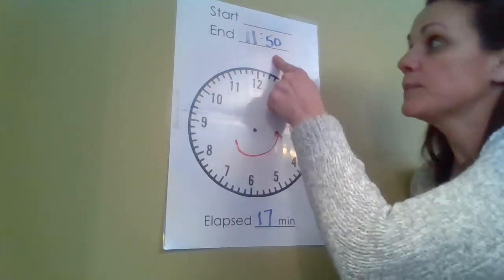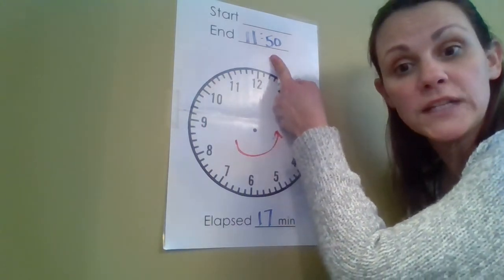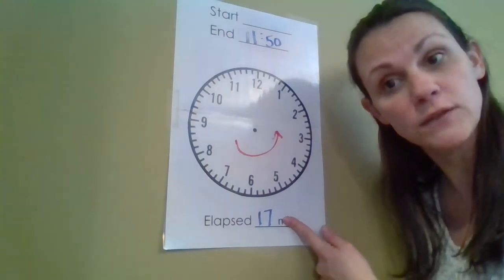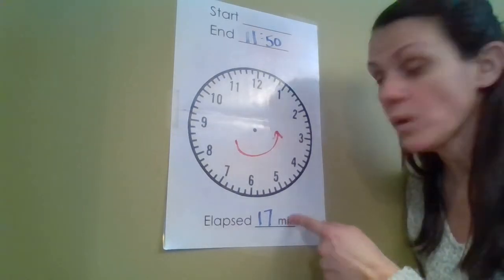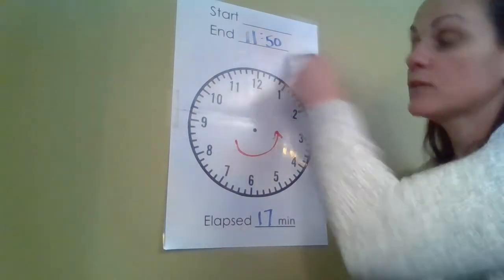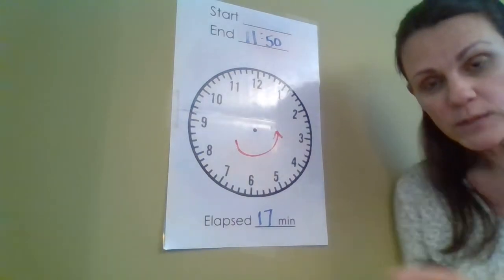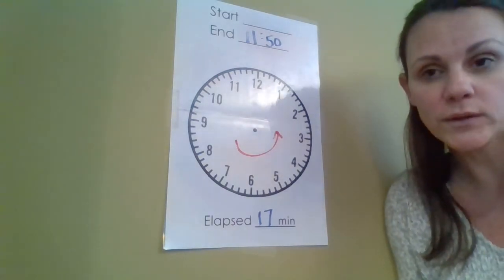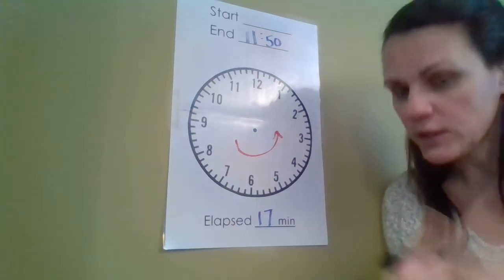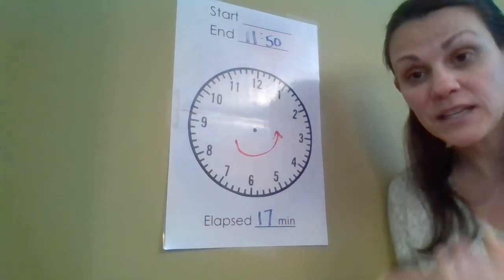So if you know you have to get out of the house by 11:50 and you need to watch 17 more minutes of a show, you need to know what time you should start that show so you have enough time to leave. So it's all about time management and figuring those things out. I know you're only 8 or 9 years old, but it's good to start thinking about time as a unit of measurement.